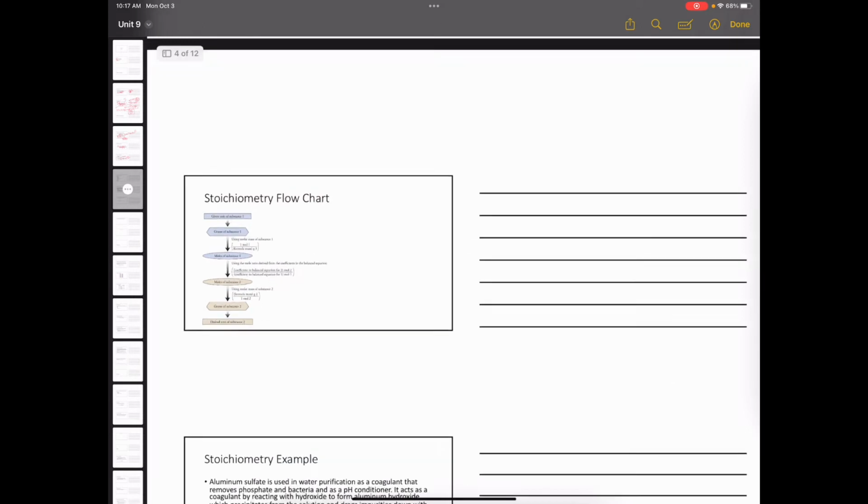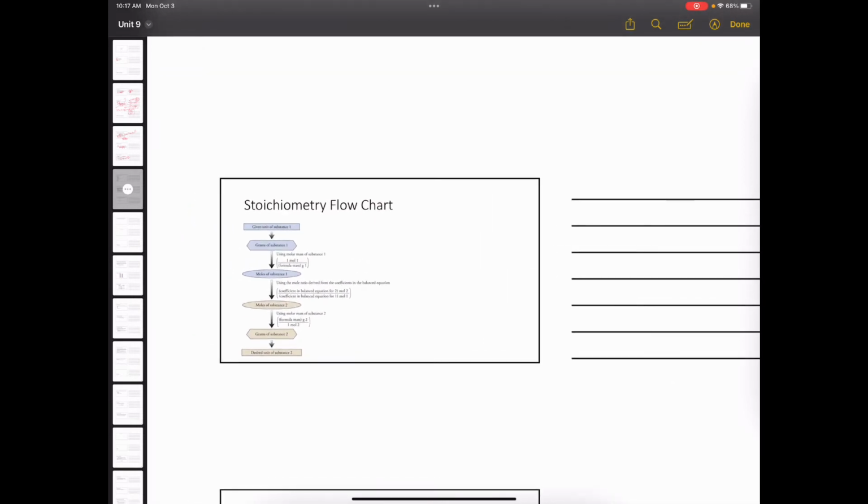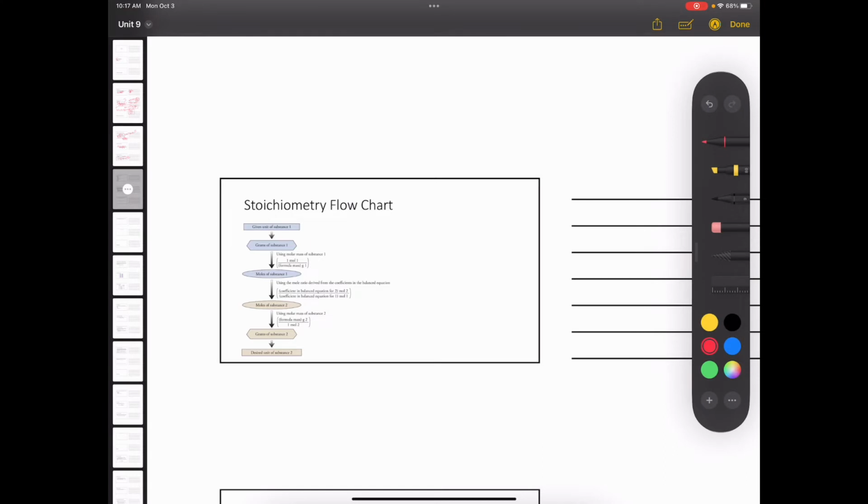You might find this flowchart a little bit helpful. It's basically a repeat of what I just mentioned. So you start with substance 1, you convert that into grams, and then you convert that into moles using the molar mass of the substance from the periodic table. Okay?